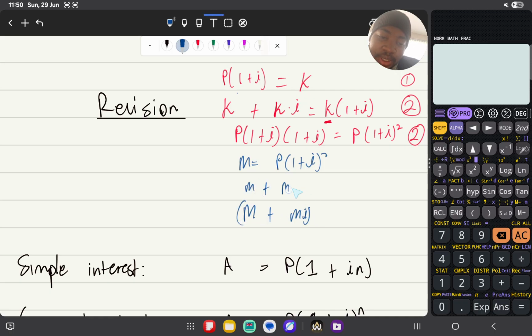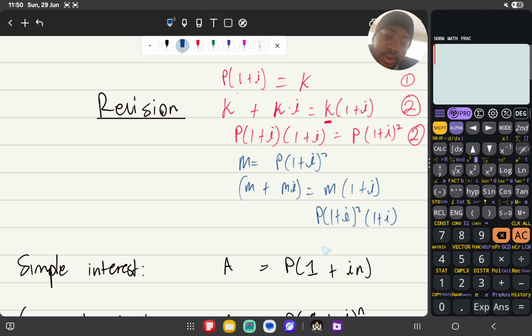You take out the common factor, you have M into (1 + I). You substitute your M, which is P(1 + I) squared, times (1 + I), then you have P(1 + I) to the power of 3.